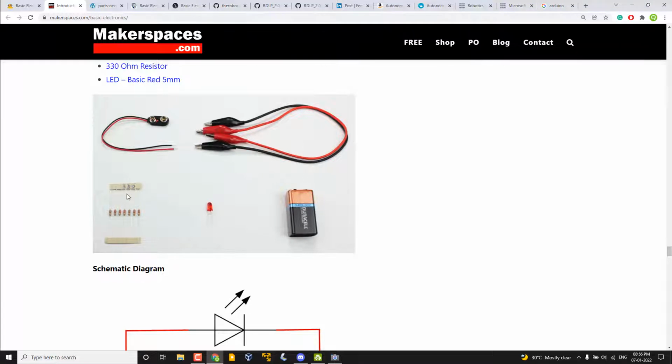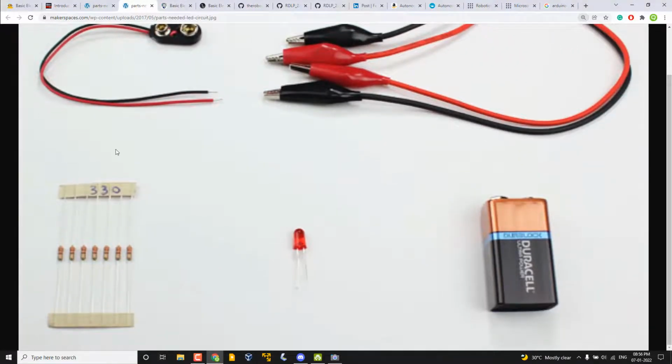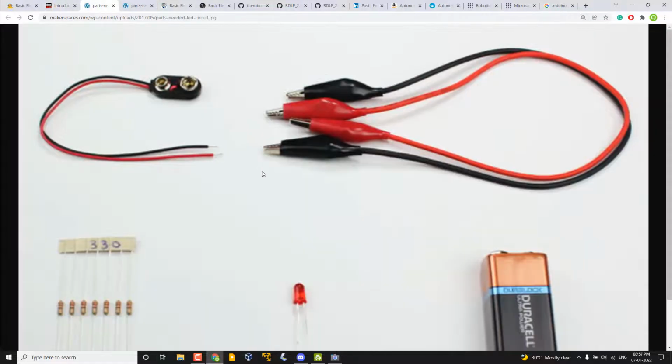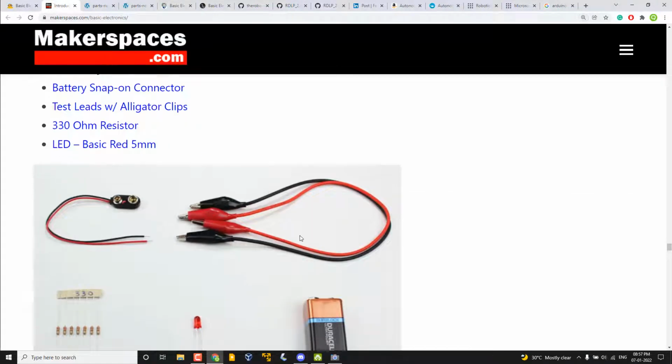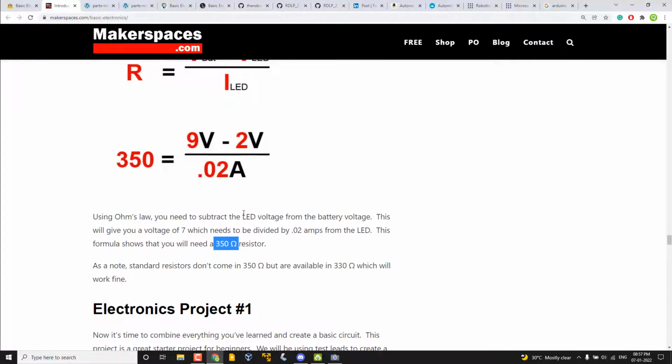Maybe we will not get an exact resistor. Here you can see it's 330. When you work with a circuit like this, if your computed resistance is 350 and there is no resistor available for 350, I will advise you to find a resistance more than that.